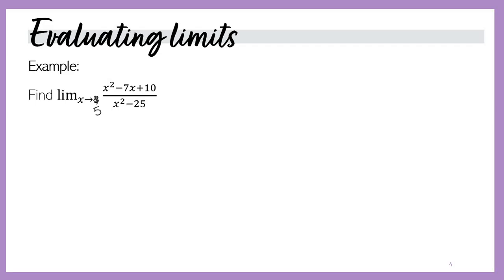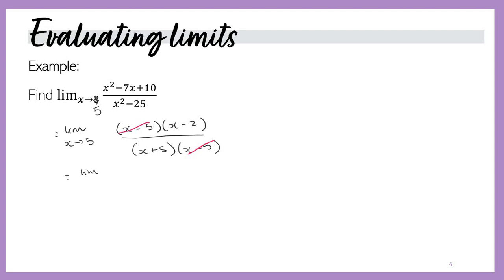So if possible, you need to factorize your limits first, right? So I'm going to take the limit as x approaches 5, but I'm going to factorize my function first. Okay, now that bottom one there is a difference of squares, and so I've got x plus 5, x minus 5, and I can cancel those out.